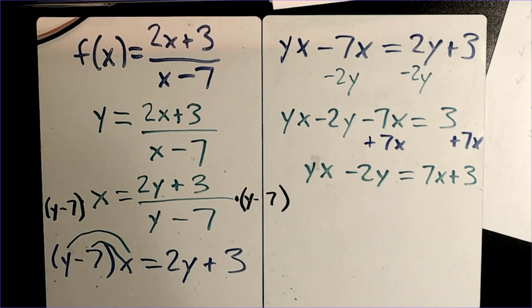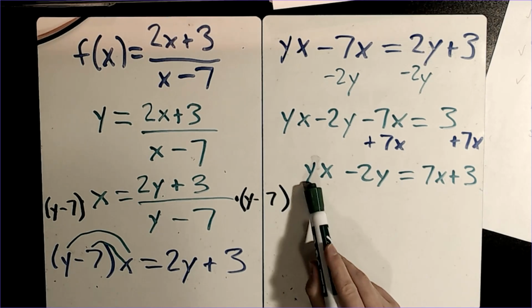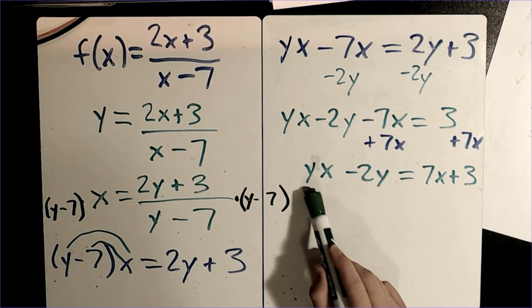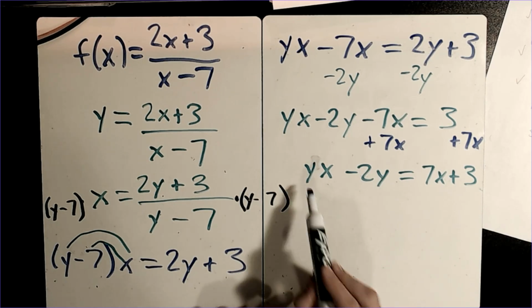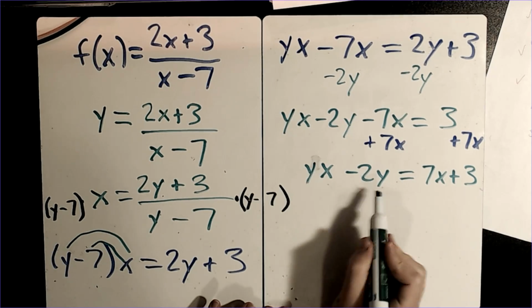Okay. So this is kind of the tricky part. Both these y's are on the same side. We want to solve for y. So what we're going to do here is we need there just to be one y. So where there's these y's in both terms, we're going to factor that y out of both of those terms there.